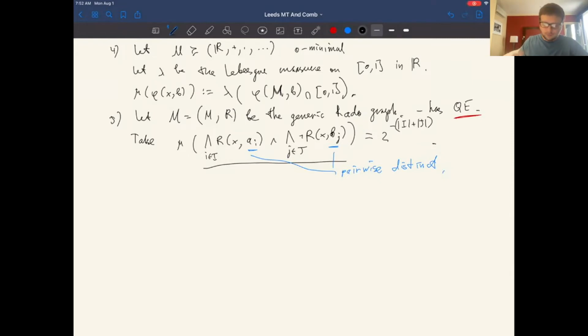Now, let me address the remark I made earlier that we can connect these finitely additive measures to the usual countably additive or sigma additive measures in a natural way.